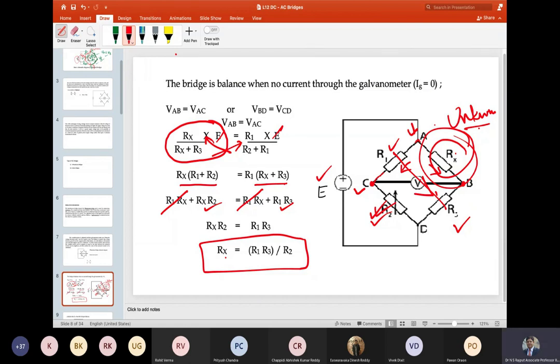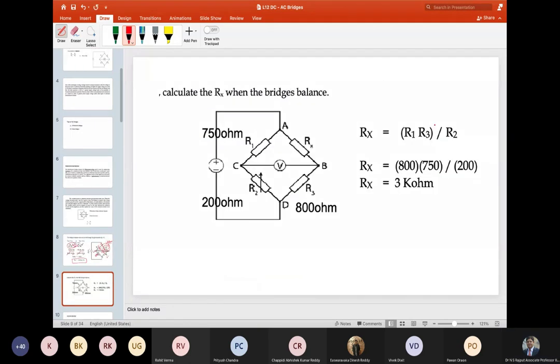is a highly sensitive mechanism by which you can very minutely and very precisely identify the value of an unknown resistance, right? So now, for example, if you take this circuit, if there is some voltage source, whatever, okay.